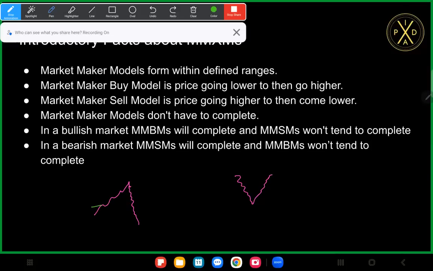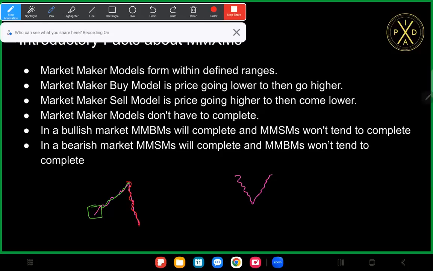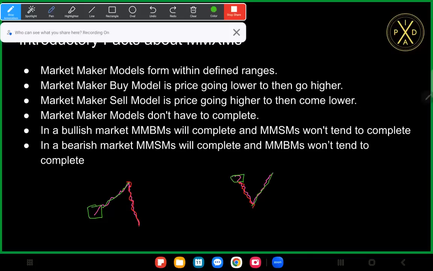So price has that original consolidation here, price then goes higher, and then it comes lower, and then it takes out that original consolidation during a sell model. And then during a buy model, price will have its original consolidation up here, price will come lower, and then it'll go higher and take out that original consolidation.